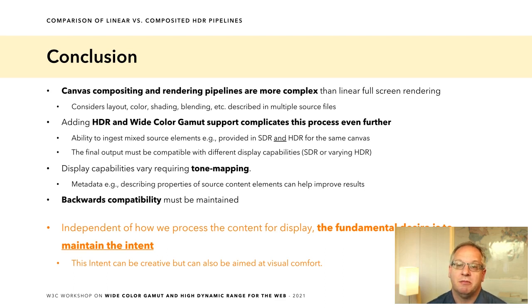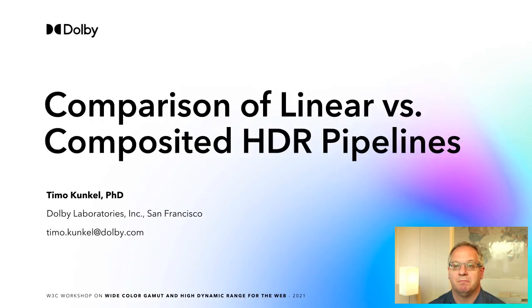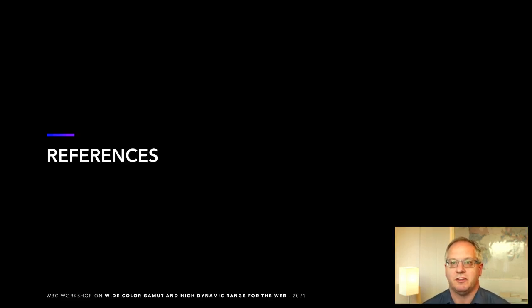With all this, we can't ignore that backwards compatibility must also be maintained to enable wide deployability of the content. And finally, independent of how we process the content for display, one fundamental desire is to maintain the content intent, which could refer to creative aspects of the content, but can also be aimed at visibility or viewing comfort. Thank you for joining this presentation.